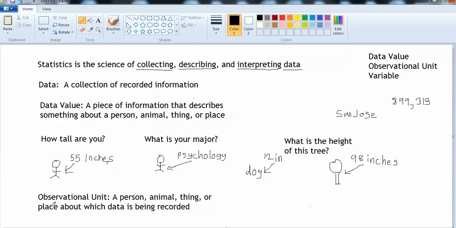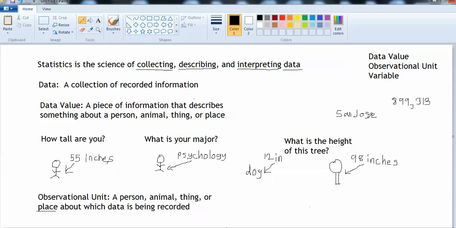What I mean is, if we decided to record the population of San Jose, and that's the data value that we're recording, then San Jose would be our observational unit, because San Jose is the place that we're recording data about. We're recording data about San Jose, so San Jose is our observational unit.